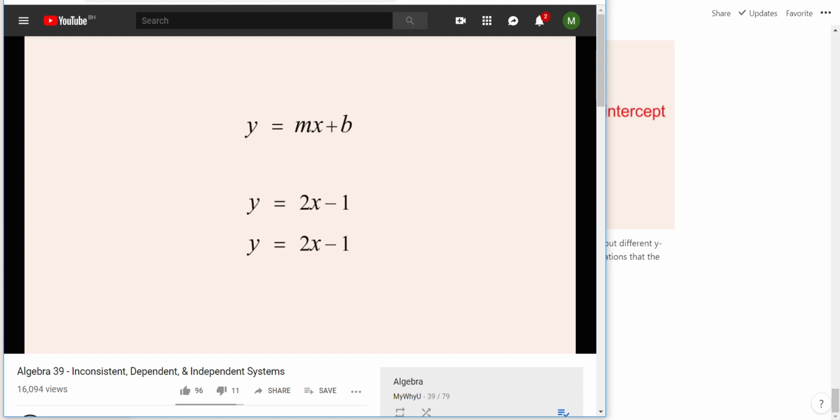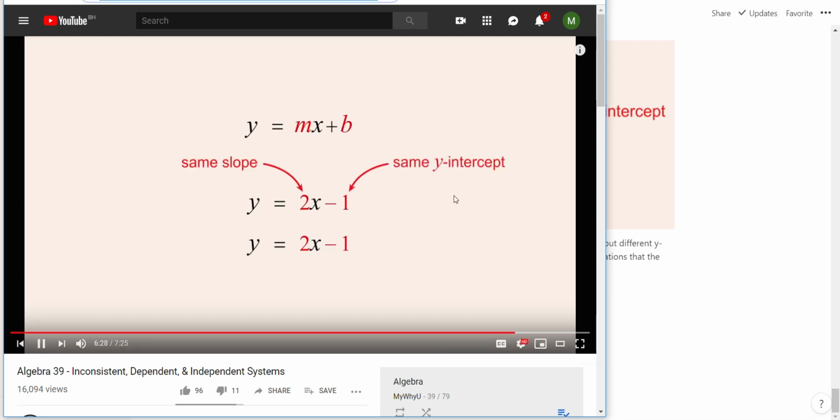If the equations of the system both describe the same line, then they must have the same slope and y-intercept.